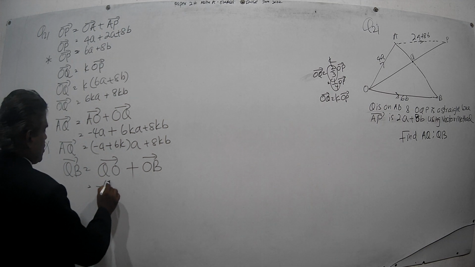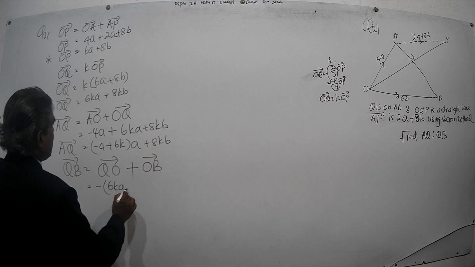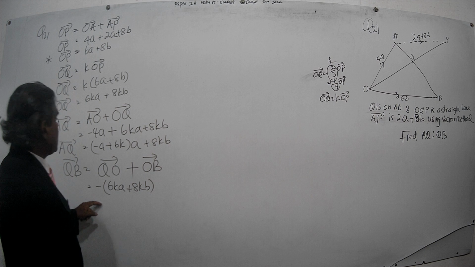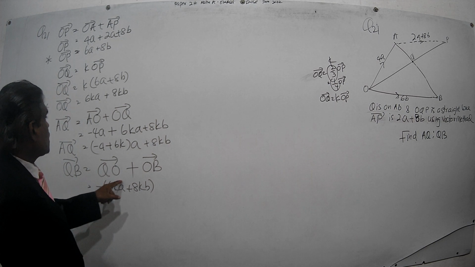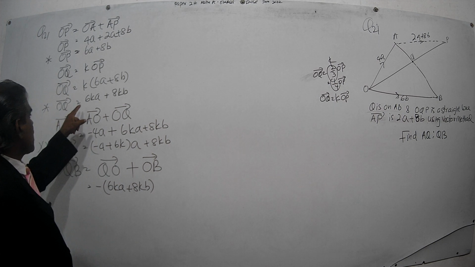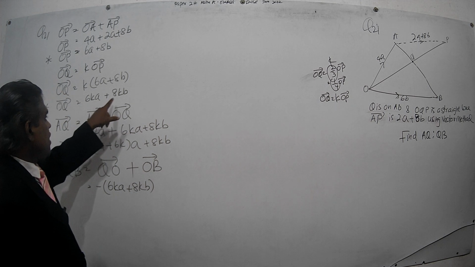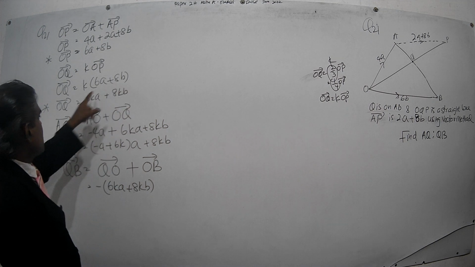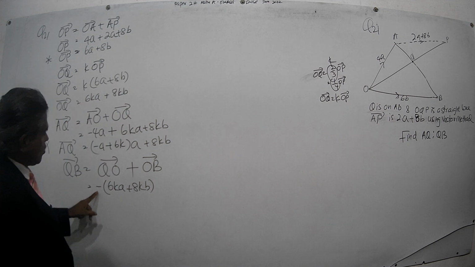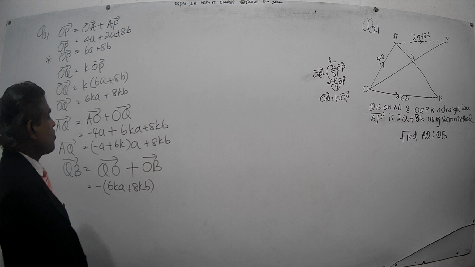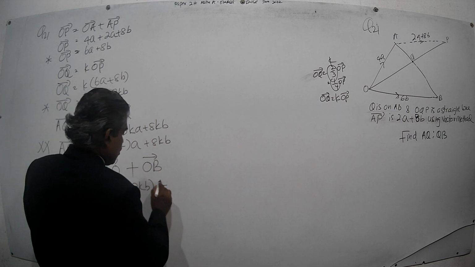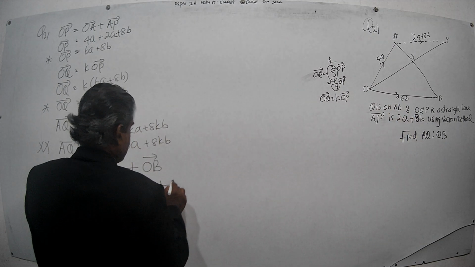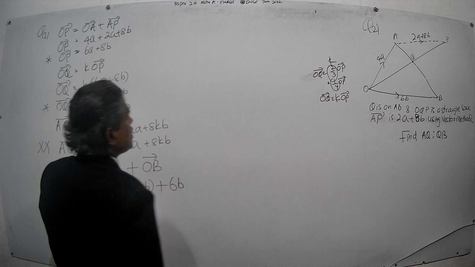Vector OQ is 6kA plus 8kB, therefore vector QO is the negative of this, negative 6kA plus 8kB. That's why I put the negative sign outside the bracket for the whole thing. Then vector OB, we know what they have given, 6B. Vector OB is 6B.